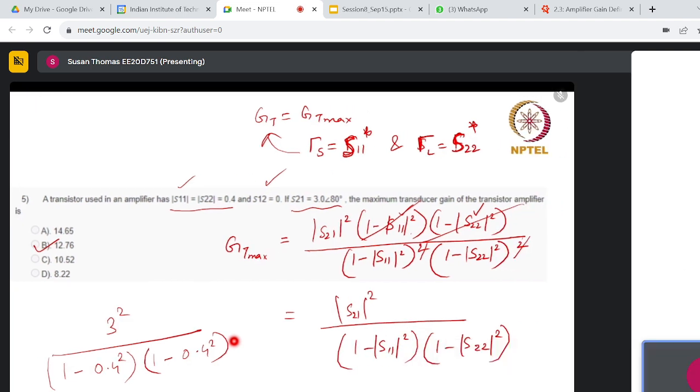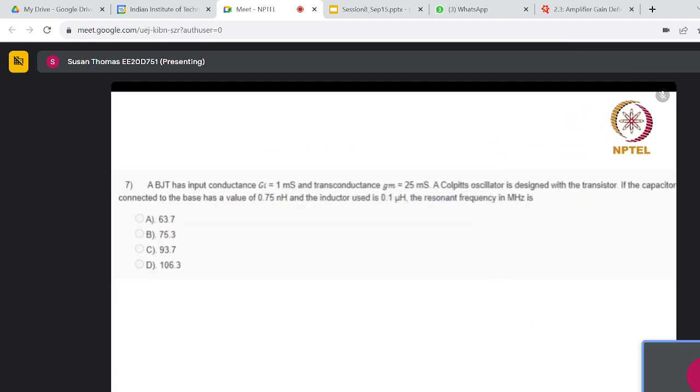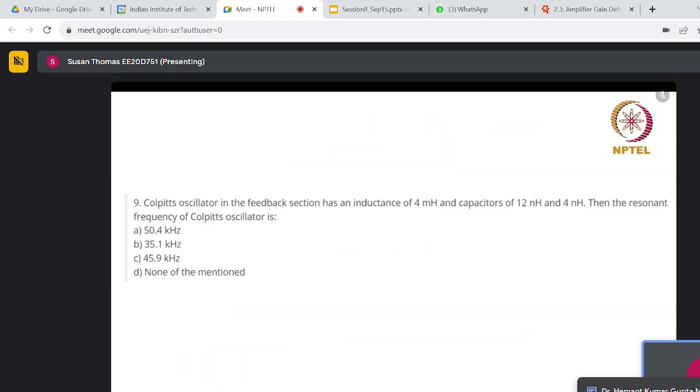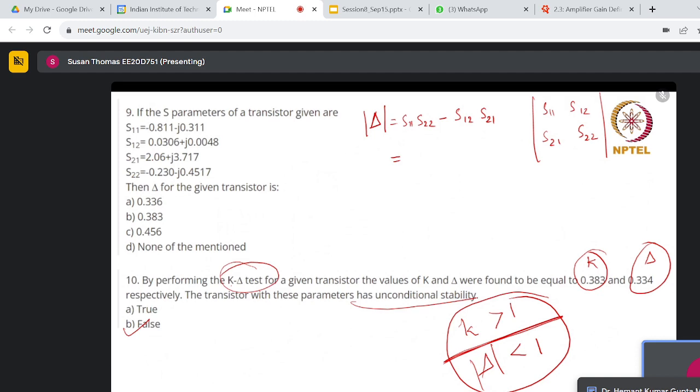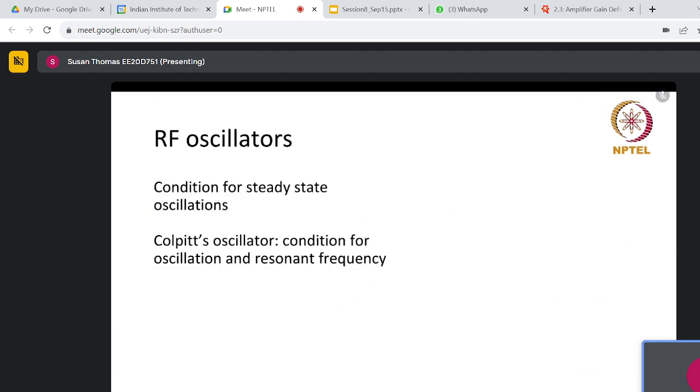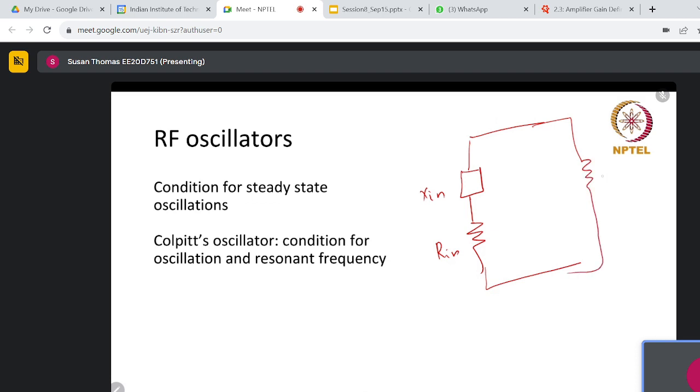Okay, so let's move to the next question. Now we have a few questions about oscillators. Before going to that, let me tell you quickly what the condition for steady state oscillations is. Say you have R in, X in, and then you have a load ZL, which is RL plus jXL.